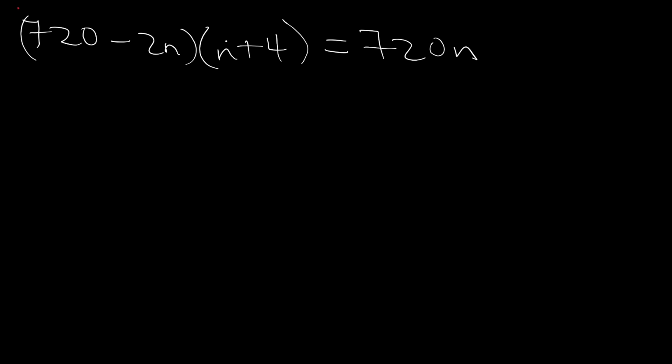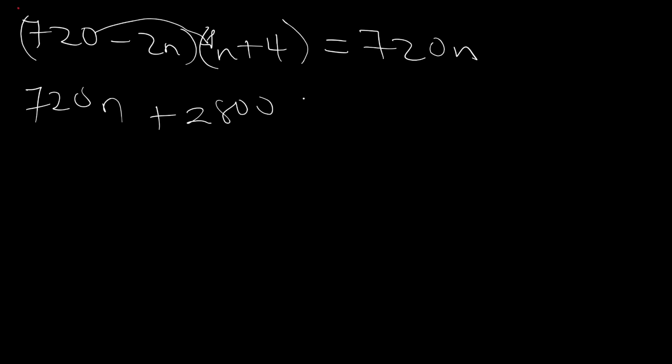Now multiplying to remove brackets, we have 720 times N, so 720N, plus 720 times 4 will give us 2,880.